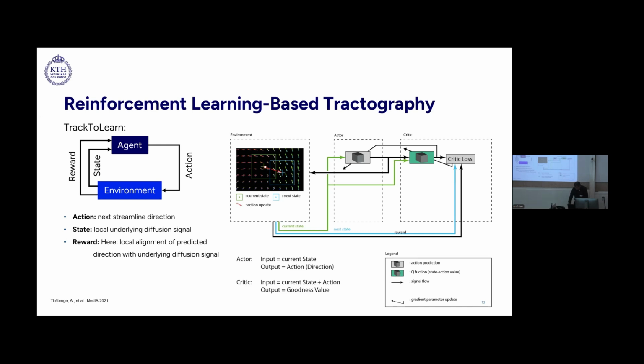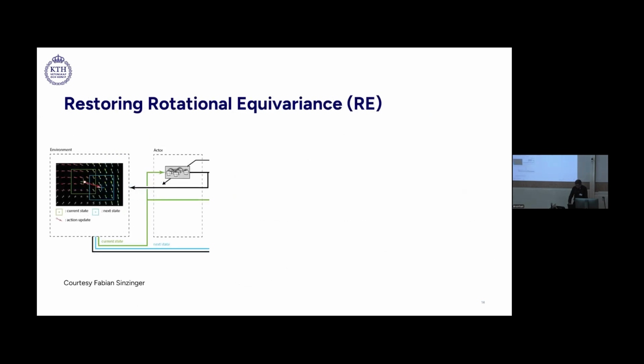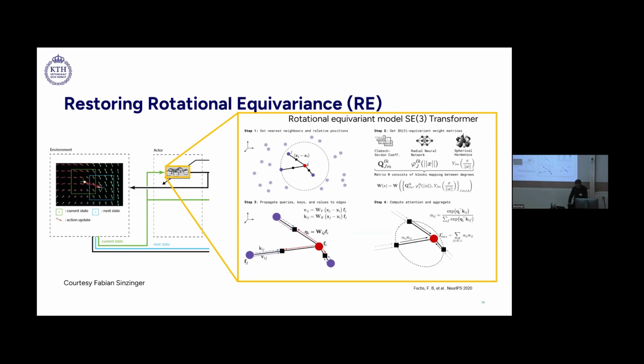I will not go into the details of this architecture, but the main problem that we found is actually here in the neural networks in these places, here and here, that they were not equivariant. So what we did was just to replace them with something that is rotational equivariant.